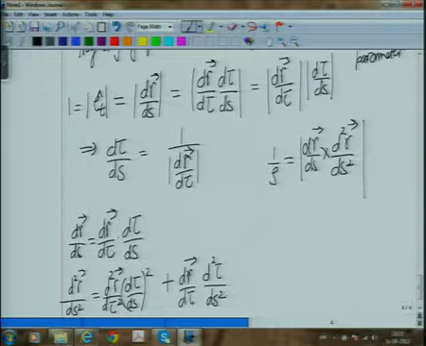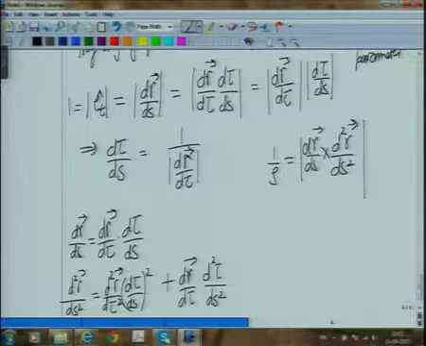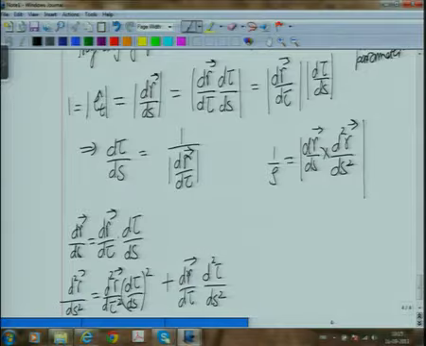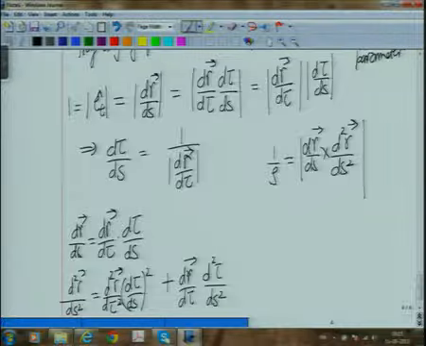All I am doing is finding dr by ds cross d2r by ds square. I know r as a function of tau. So first I write dr by ds as dr by d tau times d tau by ds. The second thing, I take another derivative of this. When I differentiate, first I get d2r by d tau square times d tau by ds multiplied by this, plus dr by d tau comes as it is, and the derivative of this with respect to s, so d2 tau by ds square.